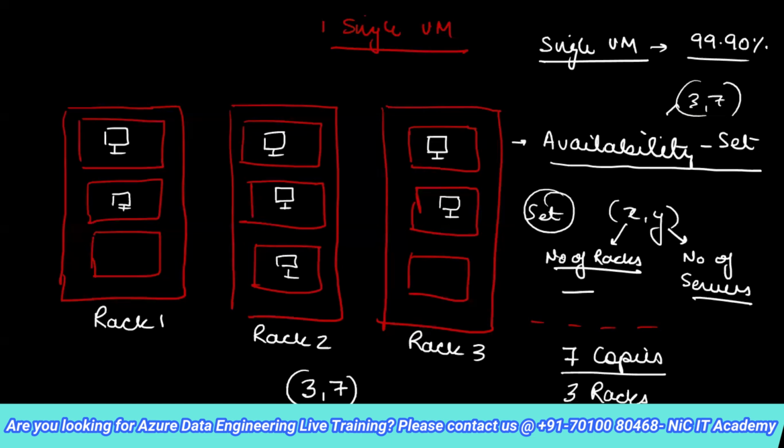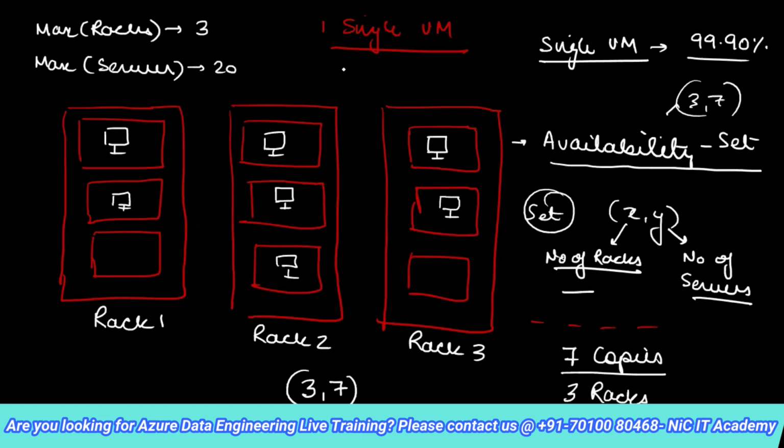Absolutely not. So here we have a maximum limit of x and y. We have defined that the maximum number of racks that you can select to create these copies within an availability set is 3, and the maximum number of servers is 20.